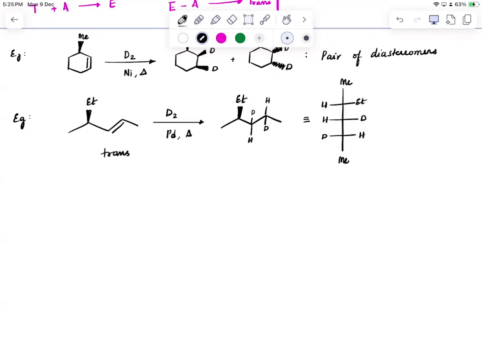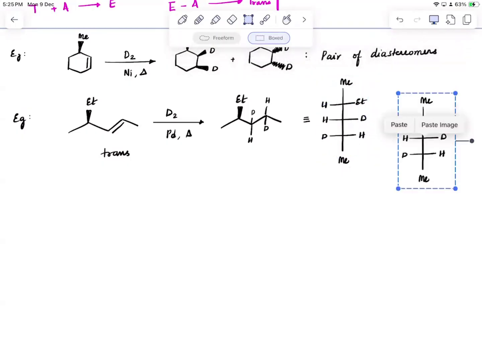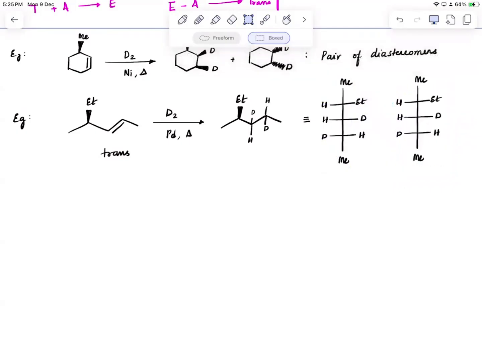So this is one product I will get. And the other product is, without disturbing the configuration of that ethyl group, you just need to shift hydrogen and deuterium here. So deuterium here, hydrogen here, and hydrogen here, and deuterium.